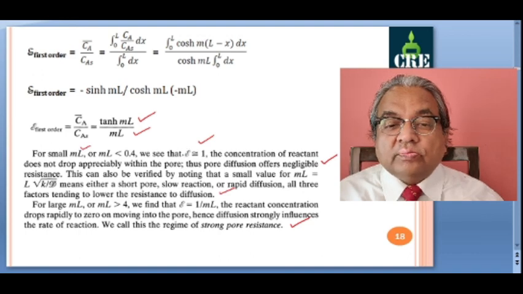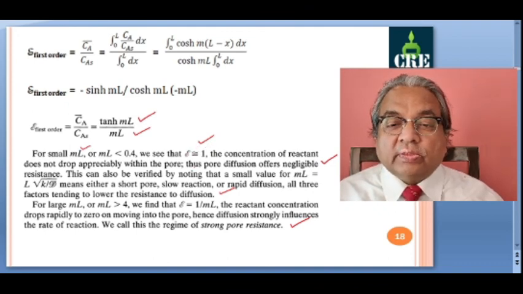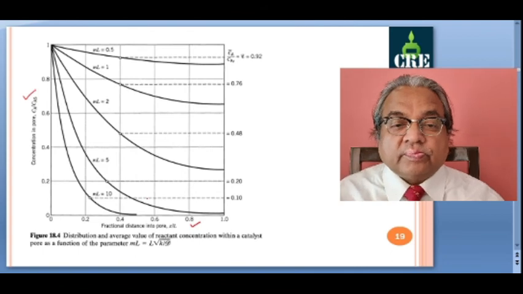For this value, the efficiency epsilon is equal to 1, approximately 1. So no pore diffusion, and for large values there will be strong pore diffusion. So you can see these are values greater than 0.4.